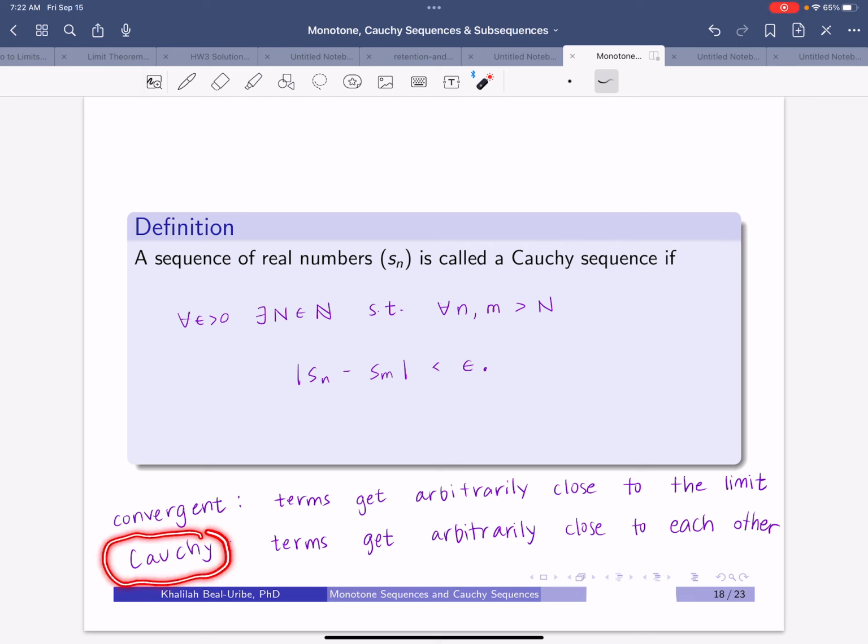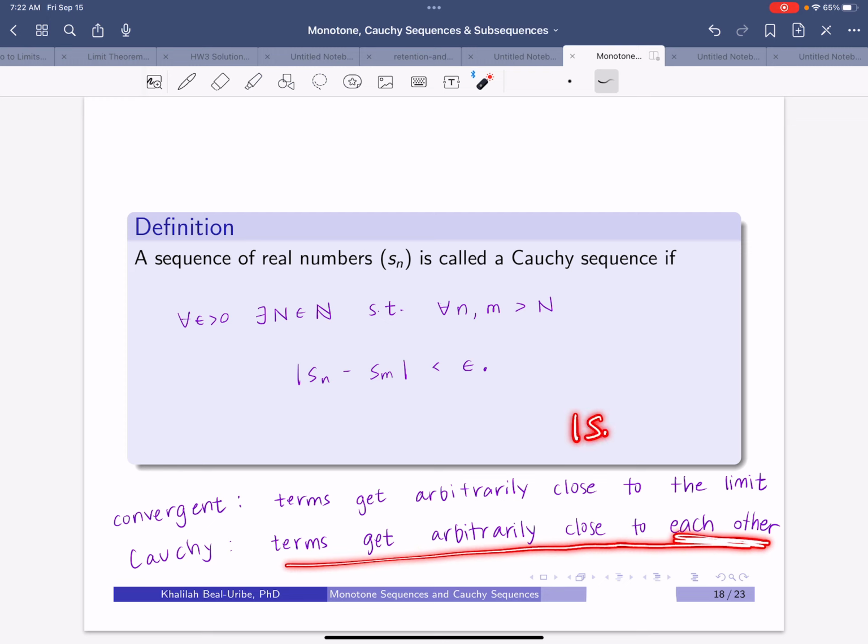On the other hand, a sequence is Cauchy if the terms get arbitrarily close to each other. So the distance between any terms, not necessarily consecutive terms, can be made arbitrarily close if you go far enough out into your sequence.